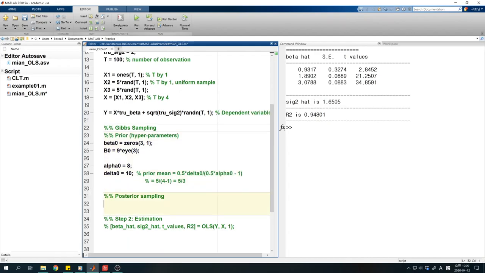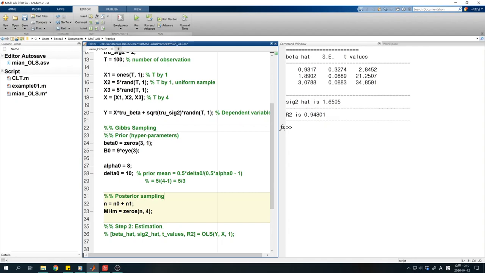Then MHM is the storage for saving the parameters, zeros. We'll say n comma 4 in this, because we have 4 parameters. N is the burn-in n0 plus the simulation size after the burn-in, n1.